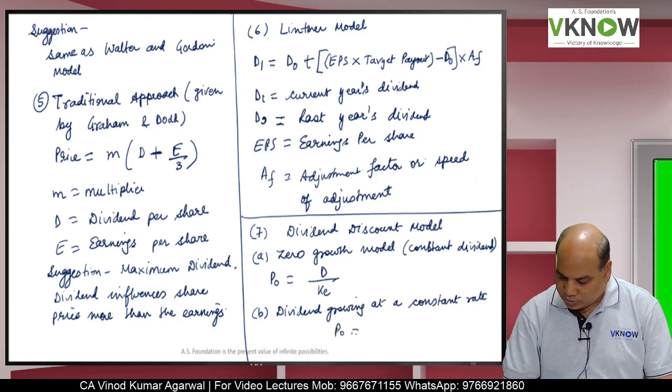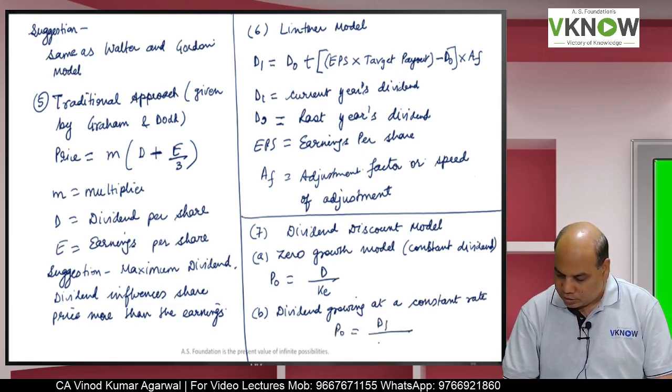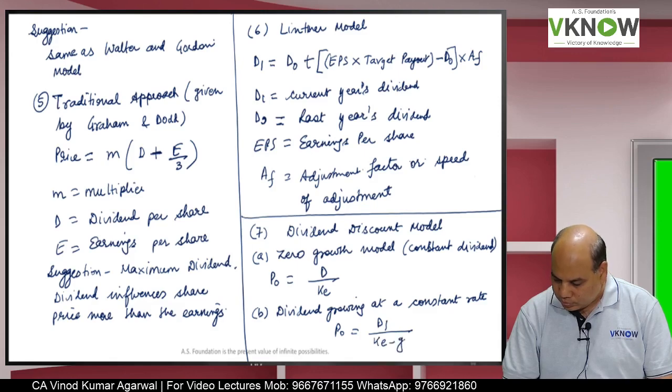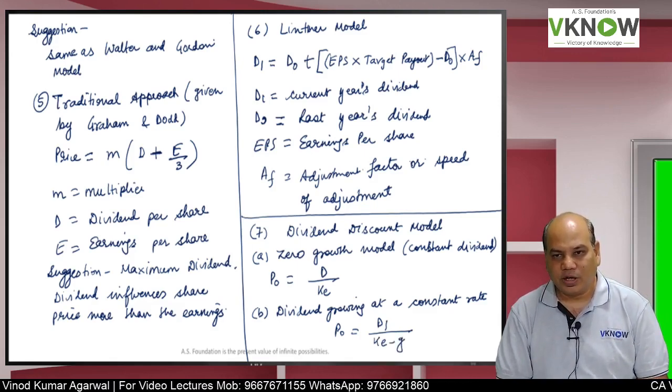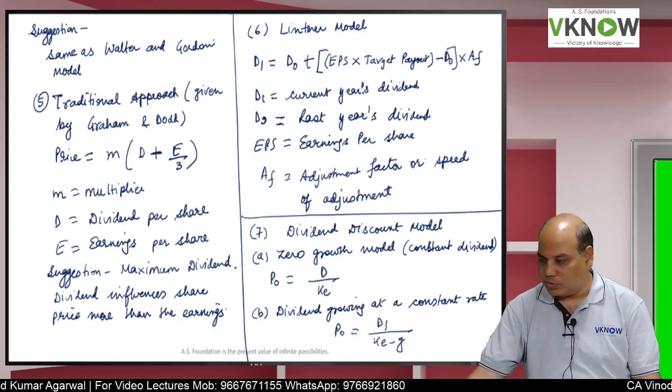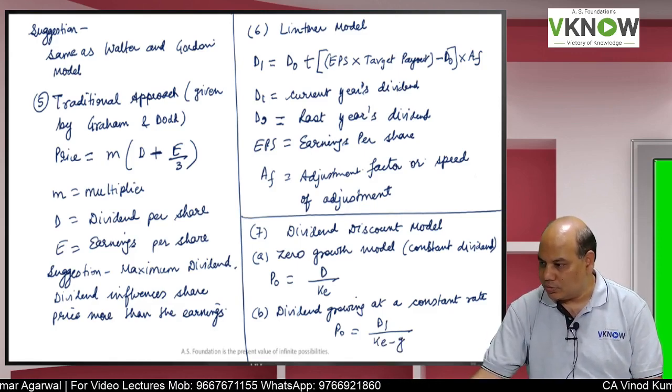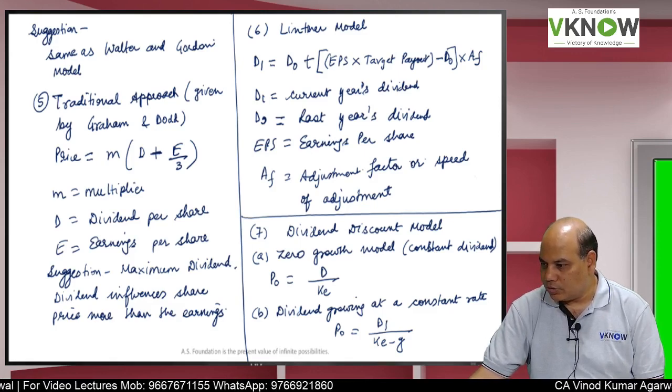So P0 equal to D1 upon K minus G, same as Gordon model, same as bird in hand theory. Don't worry, because most formula which uses dividend have the same formula. So write down nicely. Is it right? You can write nicely. It will help you before the exam.